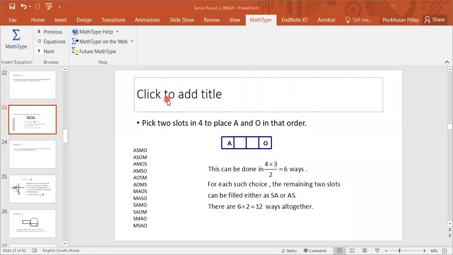Here it's 4 times 3 divided by 2, the number of ways in which you can choose 2 boxes from 4 boxes. So there are 6 ways in which you can put the A and O: A and O here, A and O there, and so on. But each time you have such a choice, you have 2 ways in which you can complete the word. So you have 6 times 2 equals 12, and that's 12 ways altogether to create these 4-letter words.